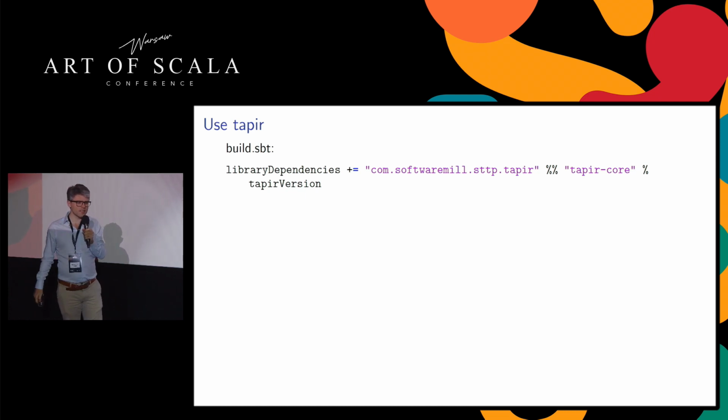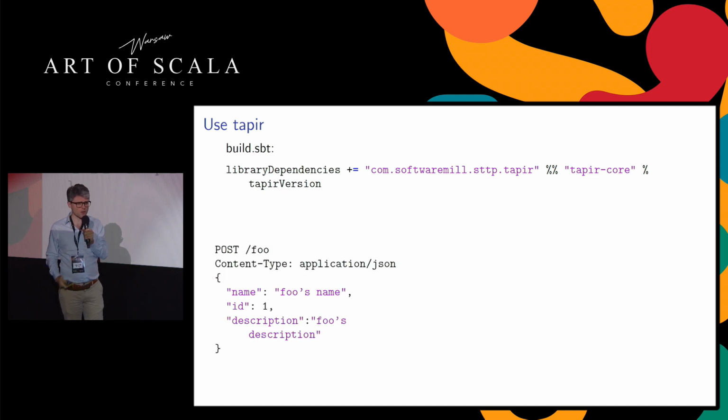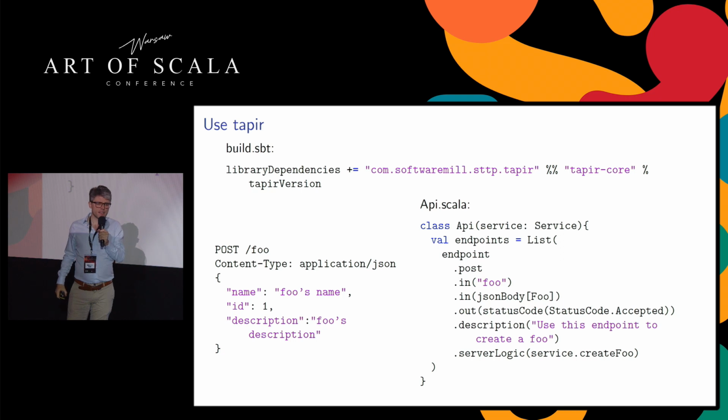What this library does, it allows us to represent all the knowledge that we have about our HTTP endpoints in Scala. So suppose we have this endpoint. It's a post endpoint to an address with the content type and some JSON data. Then we can represent it like this.